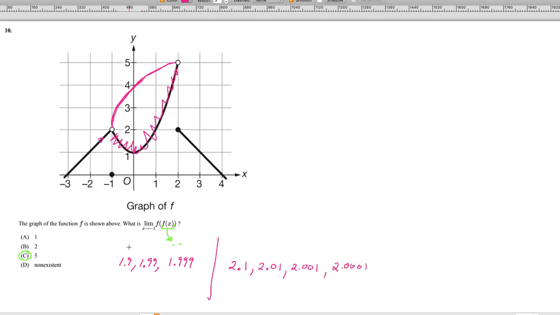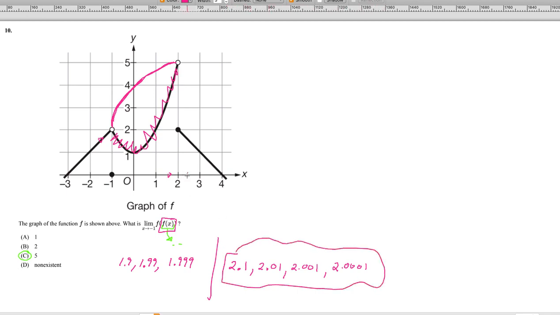Now, these inner values, if I approach from the left, are going towards 2 from the left. So I'm going to be getting closer and closer to 2 along here. If I look up at my pink graph, I'm going to be getting closer and closer to 5 as I approach -1 from the left. And then if I approach -1 from the right, these inner values are going to be above 2, getting closer and closer to 2 from above.